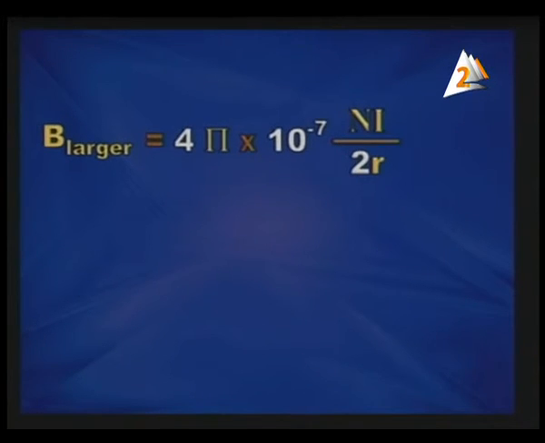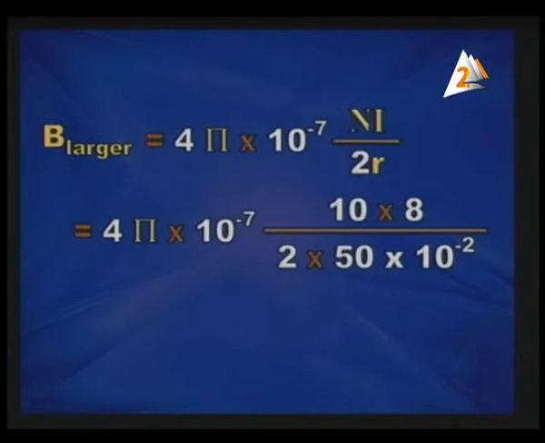Magnetic flux density in the larger coil is 4 pi times 10 power negative 7 (permeability) times N I over 2R. Number of turns 10, current 8, and radius 50 centimeter, 50 times 10 power negative 2. So the magnetic flux density at the center of the larger coil is 10 power negative 4 Tesla.